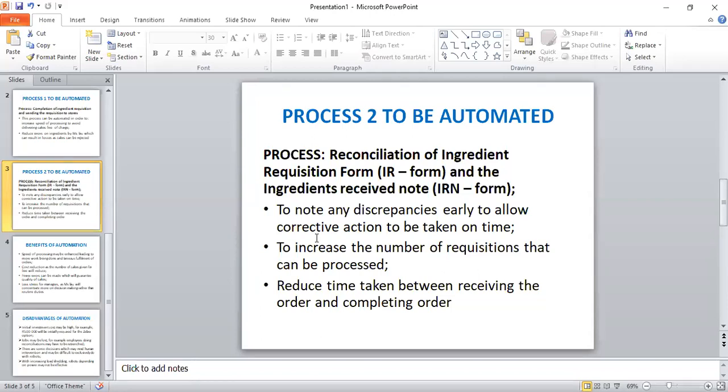Or you can take it from another angle. Instead of talking about the benefits, you talk about the problems that are there if they use the current manual system. Then you can say there can be delays in the processing of orders. Then on the advantages, we now say automating will make sure that those delays will not take place.